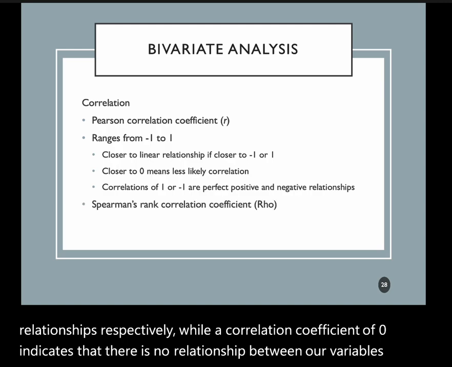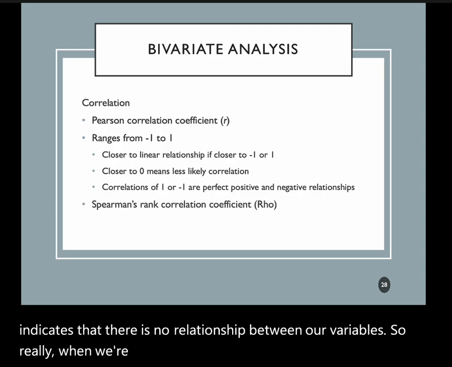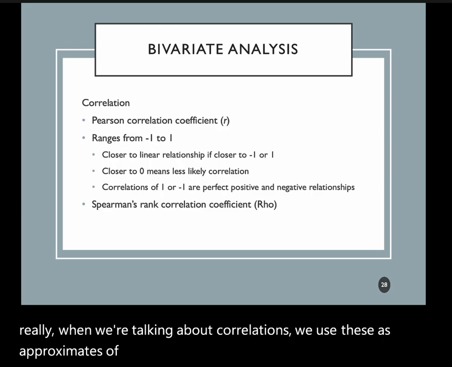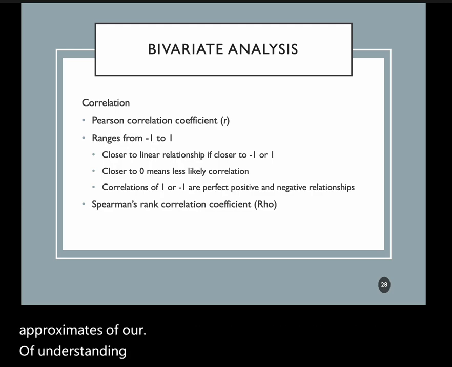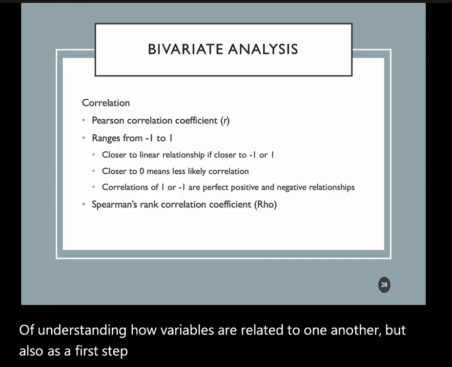So really, when we're talking about correlations, we use these as approximates of understanding how variables are related to one another, but also as a first step in understanding how variables even go together.